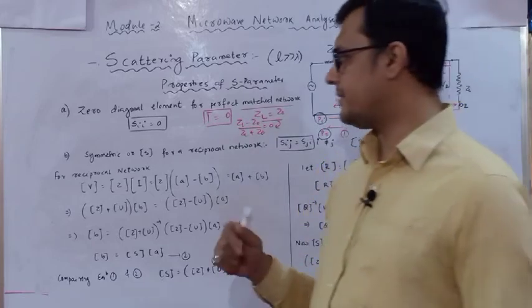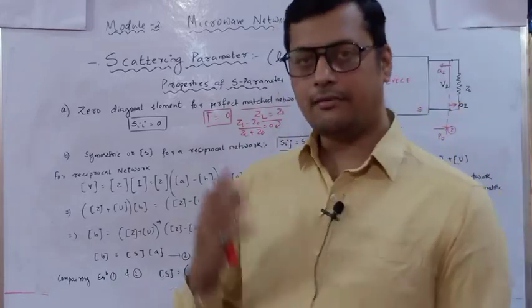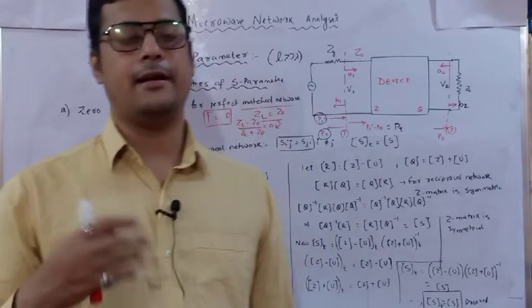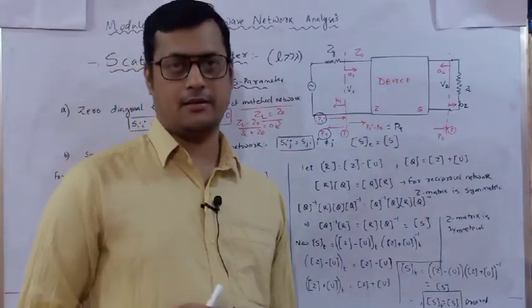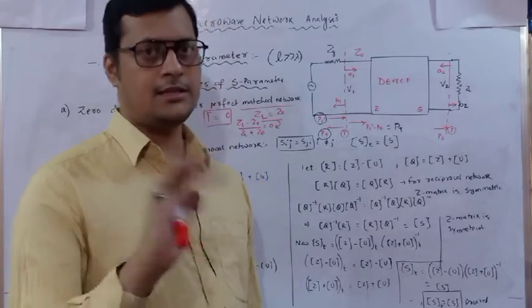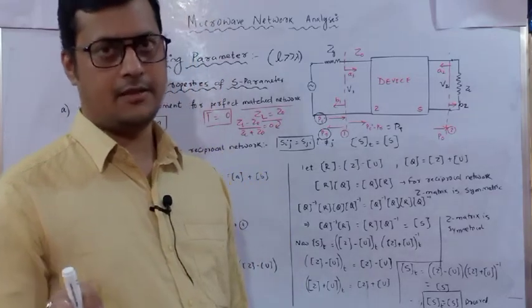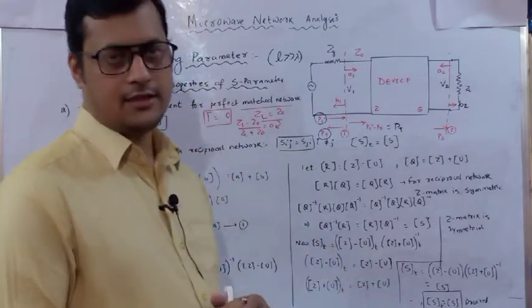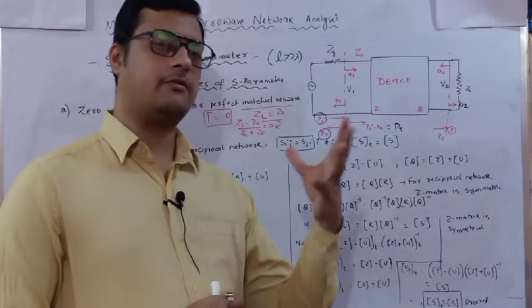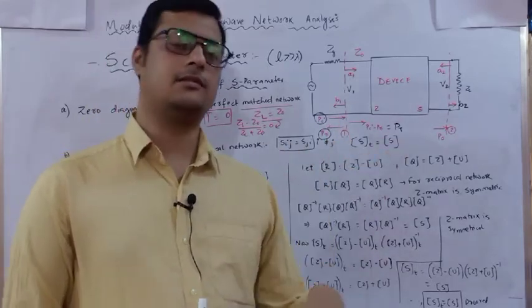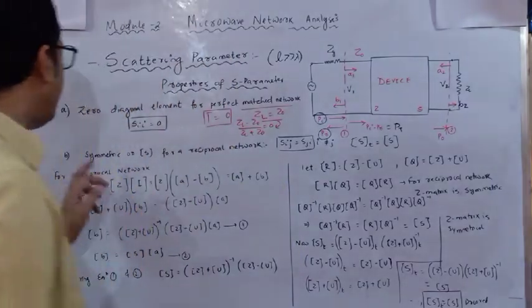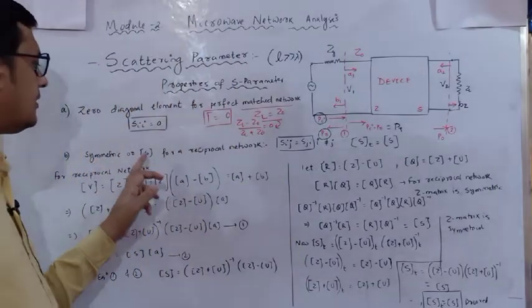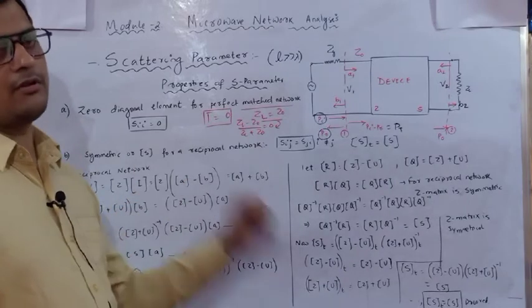Next, the second one. As we derived the symmetric condition for the Z parameter, Zmn equals Znm, that is the reciprocity theorem we discussed with respect to impedance and admittance. Now we will discuss it with respect to the scattering parameter: the S parameter for a reciprocal network.